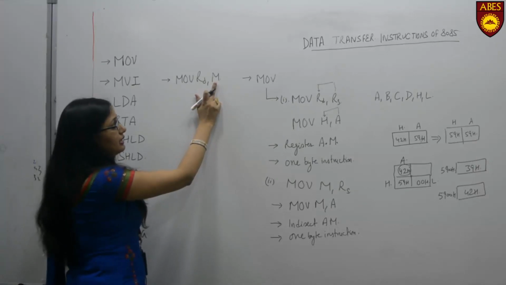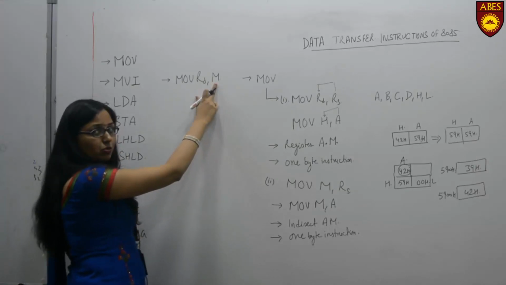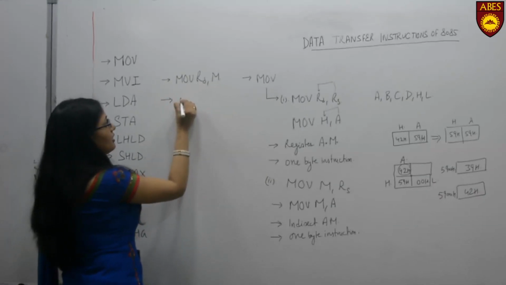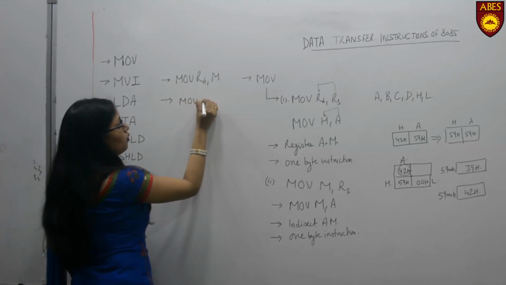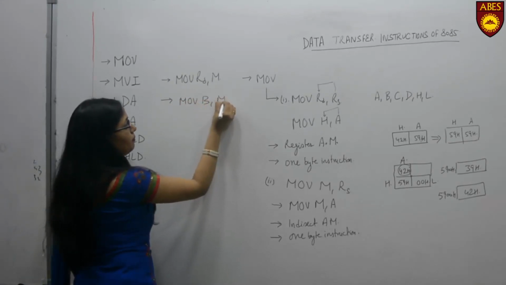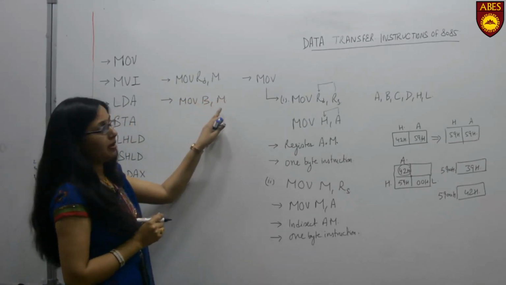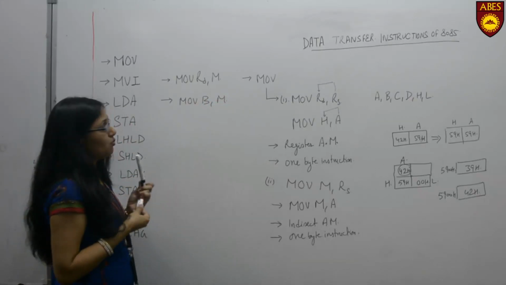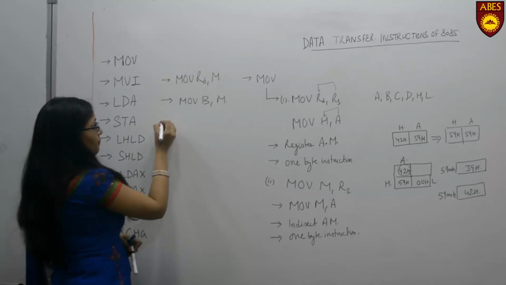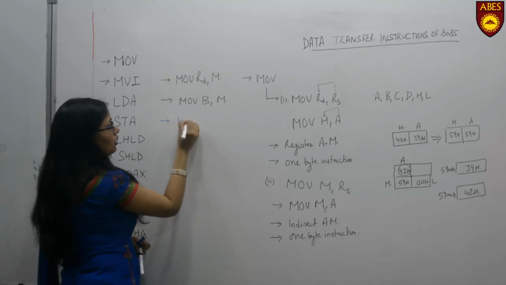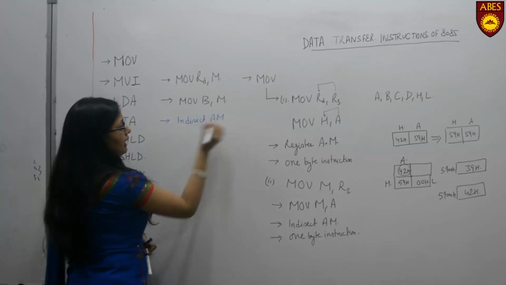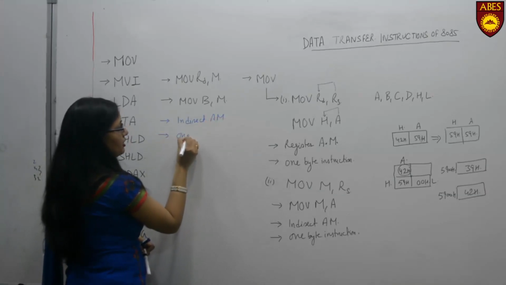That means this location's content is moved to the destination register. For example, if we write MOV B, M, the content of the memory location pointed to by the HL register pair is moved into the B register. This instruction belongs to the indirect addressing mode and is a 1-byte instruction.